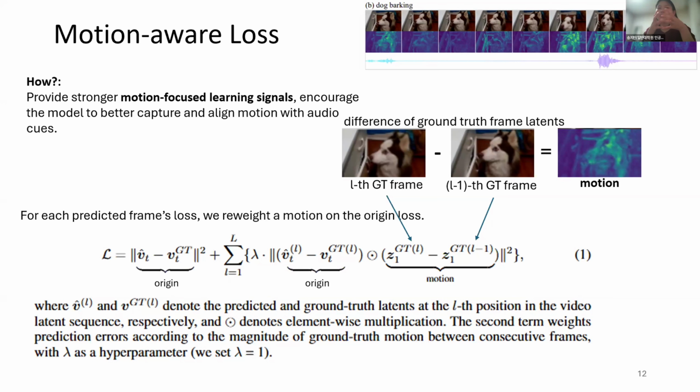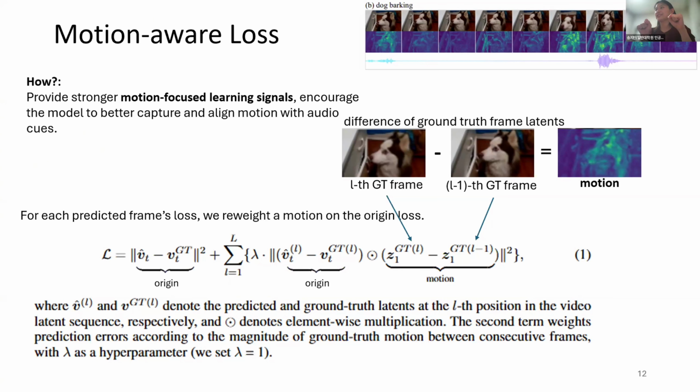But if the motion is not related to audio, such as the camera zooming in or out, the model learns that motion is unrelated to audio. So we just encourage the model to learn the motion and to distinguish audio-related motion from unrelated motion.